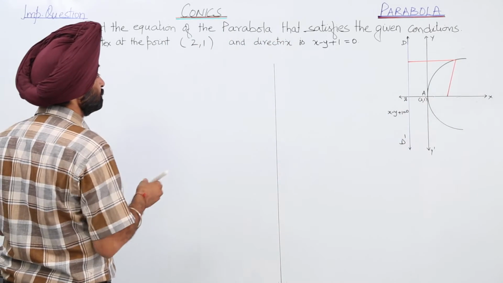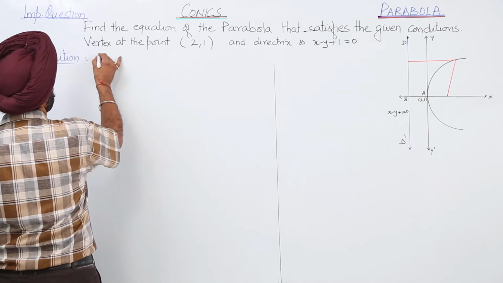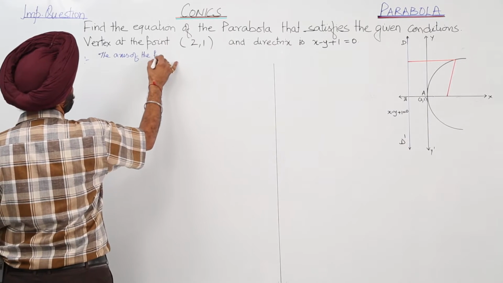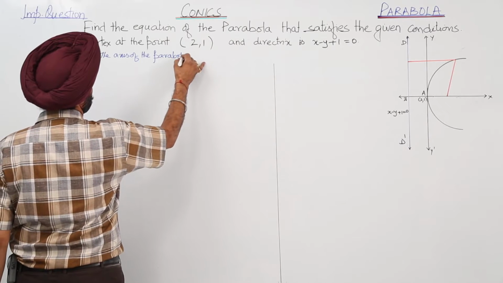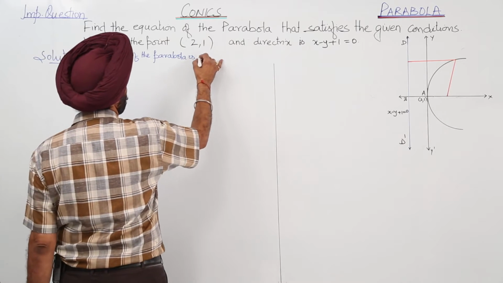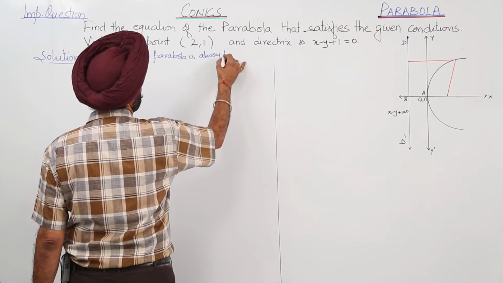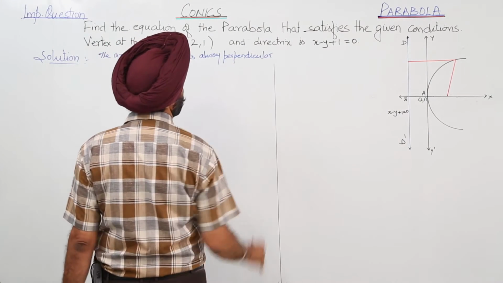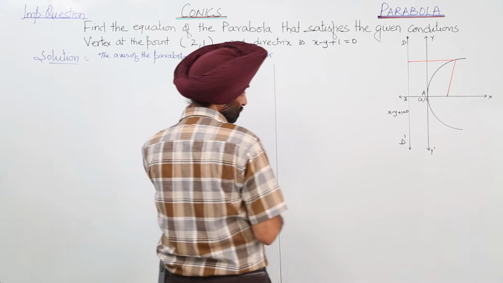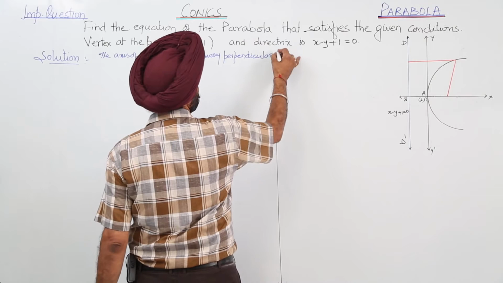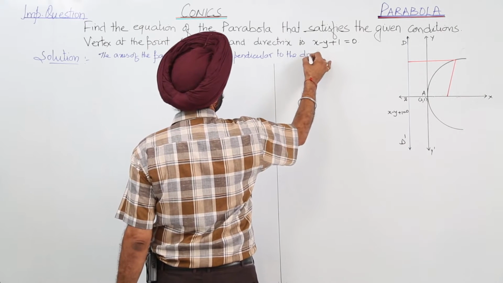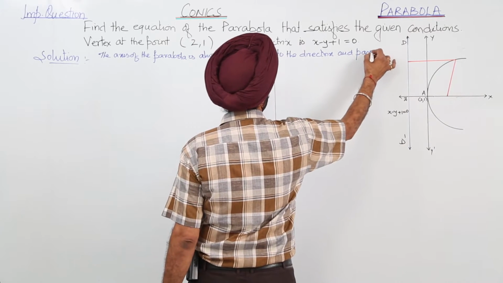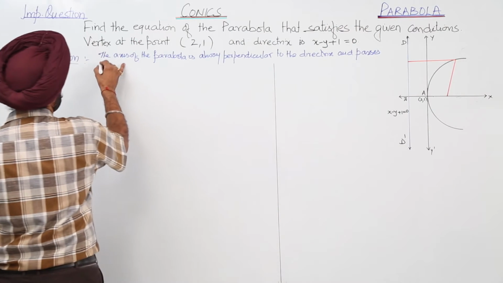Now the axis of the parabola is always perpendicular to the directrix and passes through the vertex.